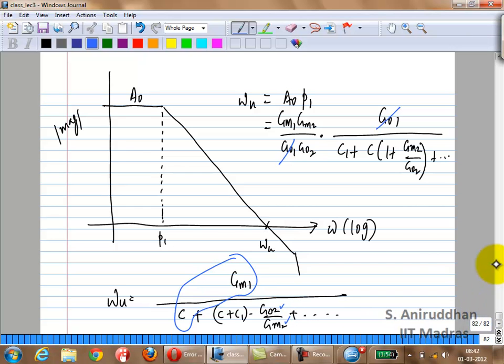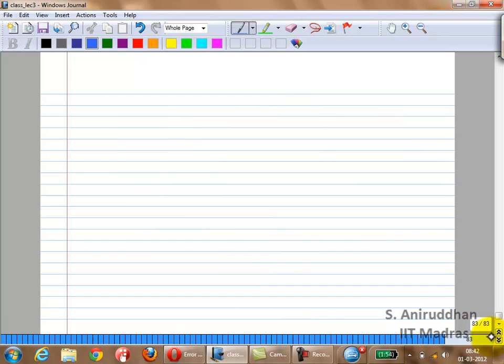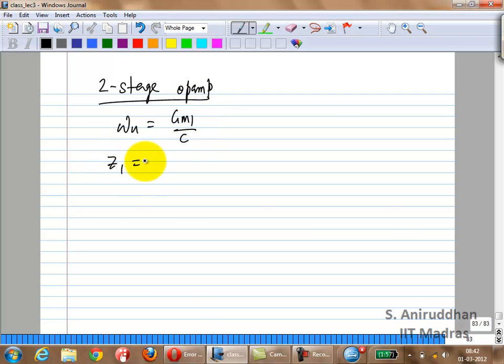So we have verified that the two poles are very far apart. We have verified that you are getting an integrator of value gm1 over C. Well and good. Now we have some more details. We can write gm1 over C. Where was the zero?